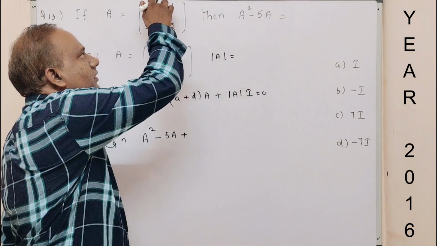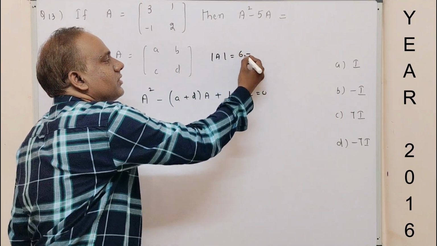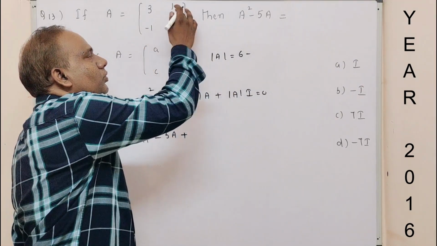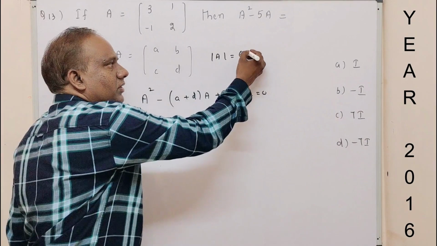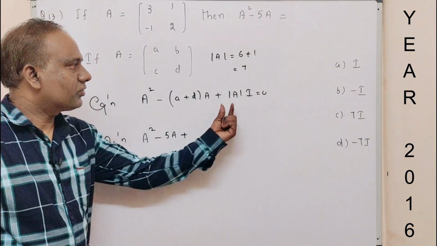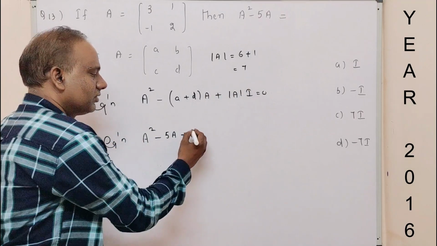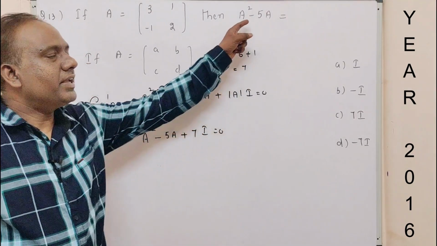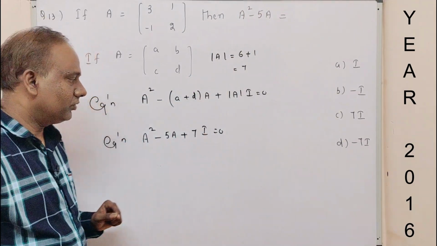Det A means 3 into 2 is 6 minus (minus 1 into 1, which is minus 1), so it becomes plus 1. So 7. So det A value is 7, I equal to 0. Here we need the A square minus 5A value.